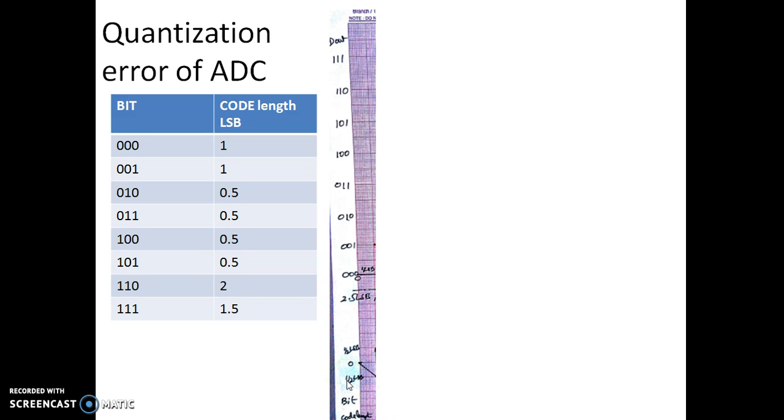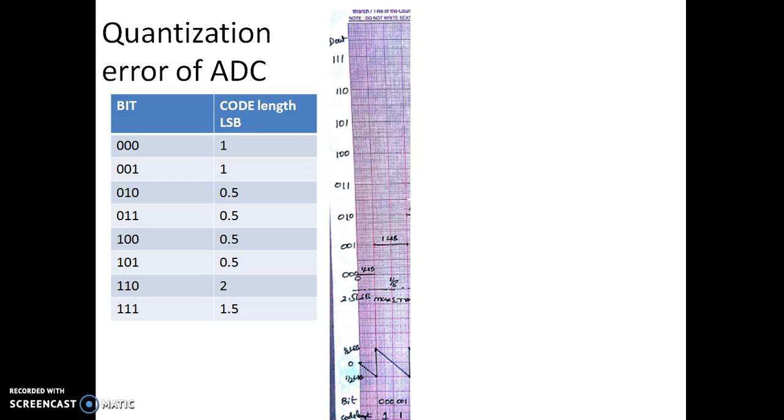Now the next code, 001, has a code length of 1. I can see the output is making a transition at 1/8. Now it has a length of 1 LSB. Here we have underestimated the input voltage, and here we are overestimating. Now the code is 001, so there is an overestimation of half LSB.